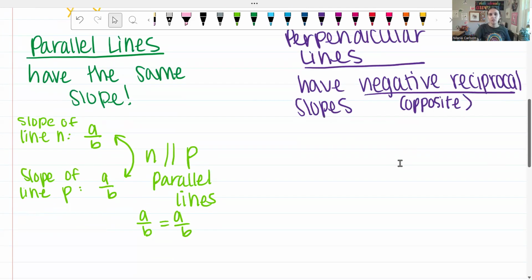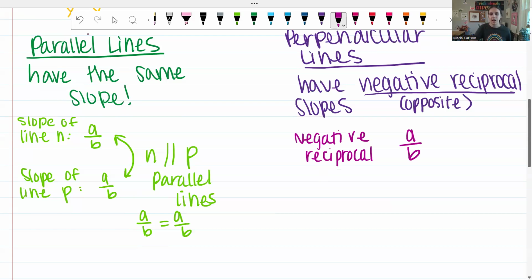So, for example, 1 over 2 times its reciprocal, 2 over 1, you just flip them, that is 1. So your negative reciprocal, if you have some slope, some fraction A over B, would flip your numerator and denominator, and it'd be negative.